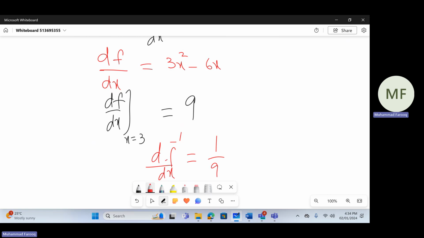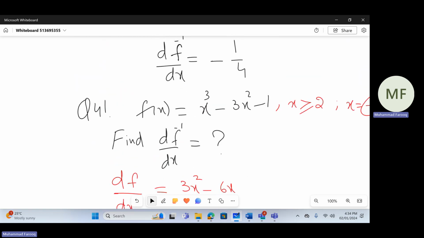How do you know whether to do this or solve it the way we did in the first question? Actually, it's your choice. If you are comfortable, first find the inverse, then find its derivative. It's up to you. But I told you, if you start finding the inverse, you will get stuck.